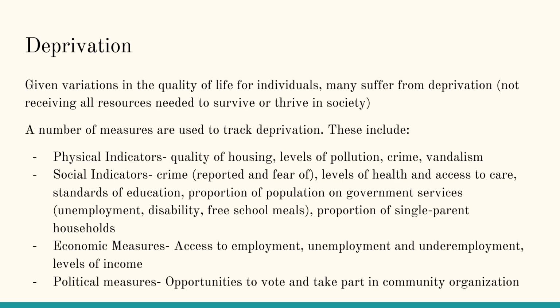You also have levels of health, access to care, standards of education that might all be part of this deprivation, the proportion of the population on government services like welfare, unemployment, disability, free school meals, and then the proportion of single parent households where obviously there's not two wages that are able to support the family. And then also economic measures, so access to employment, unemployment, underemployment, levels of income.